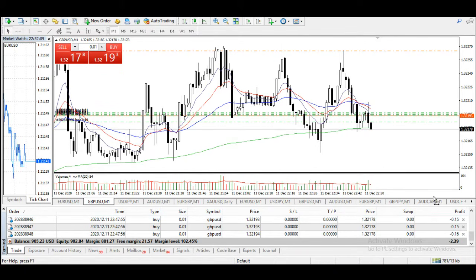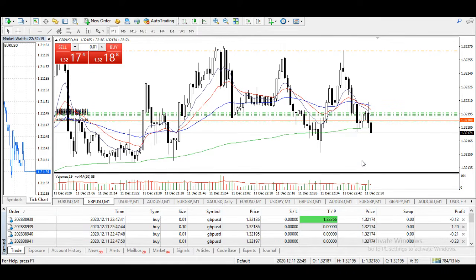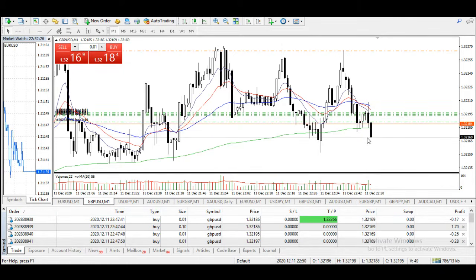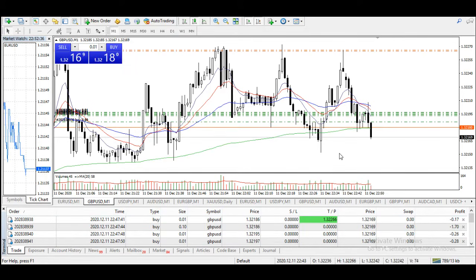So here we are. Price now is breaking below EMA 200. So now I will be closing with a slight loss.